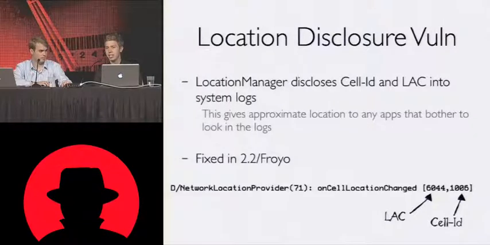One is the cell ID, and the other is the LAC, the location area code. These are GSM parameters that you can use to locate a person. The location manager logs these variables into the general system log, and an application that doesn't have location permissions but only has read logs permissions can get access to them. So effectively, this is an information disclosure problem.